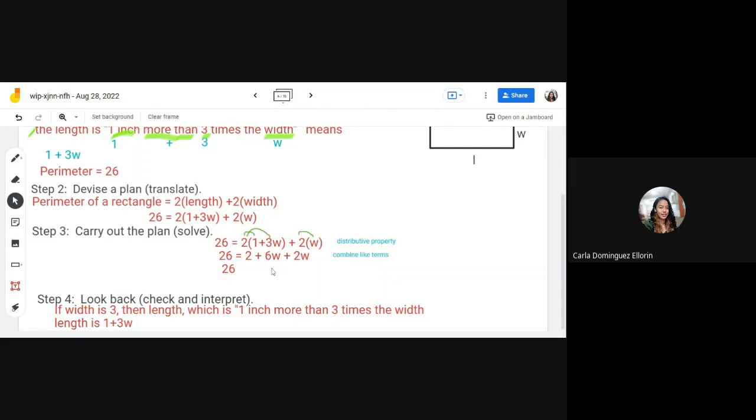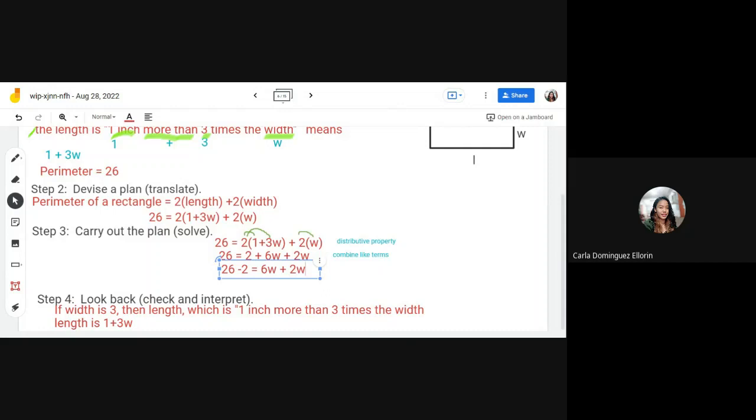What goes with 26? The 2, because they are both without the variable W. So, transpose 2 to the other side. 26 plus 2 would become negative 2. Copy the equal sign, and then 6W plus 2W.